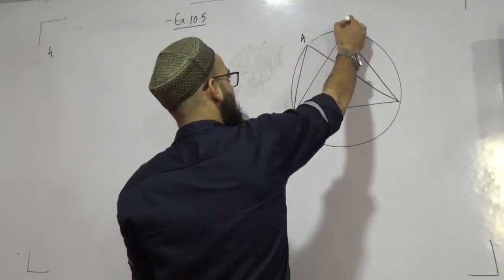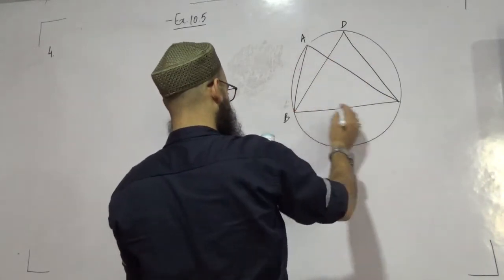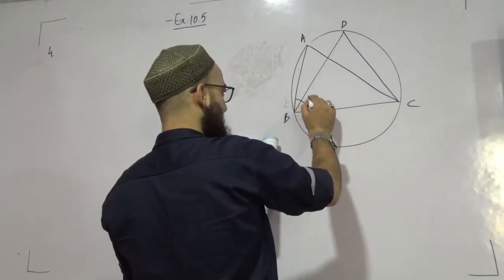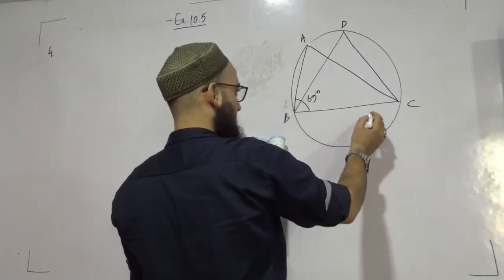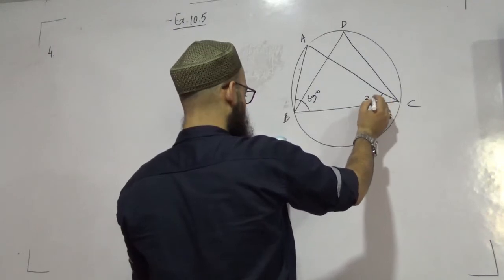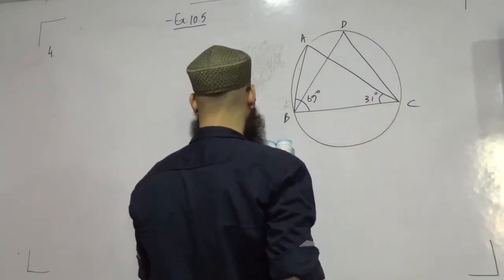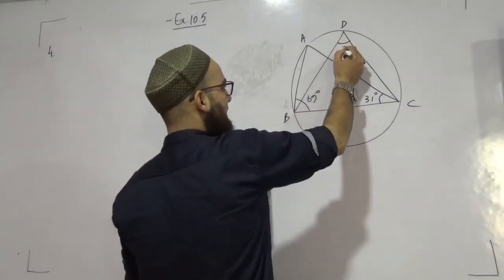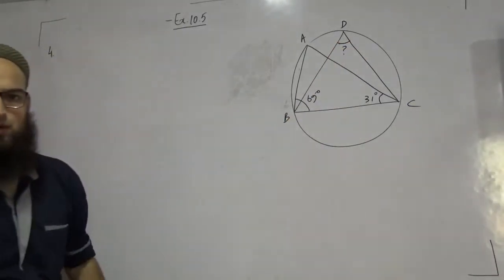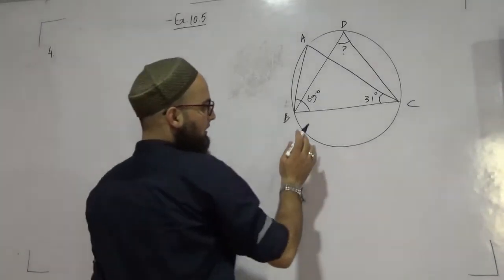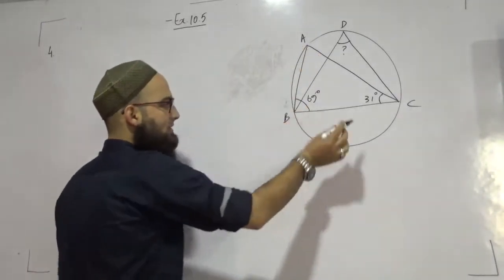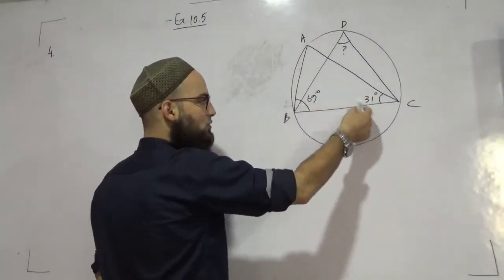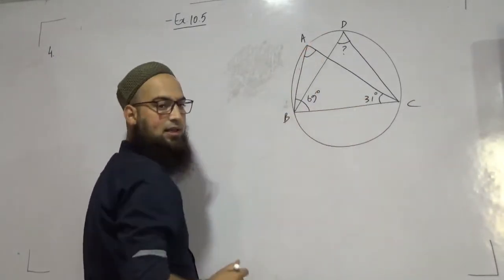This is A, D, B, C. This whole angle is 69 degrees, this small angle is 31 degrees. You need to find BDC. The question is very easy. You can consider first this triangle ABC and apply the angle sum property. You have one angle, two angles, apply the angle sum property and you'll get this angle.